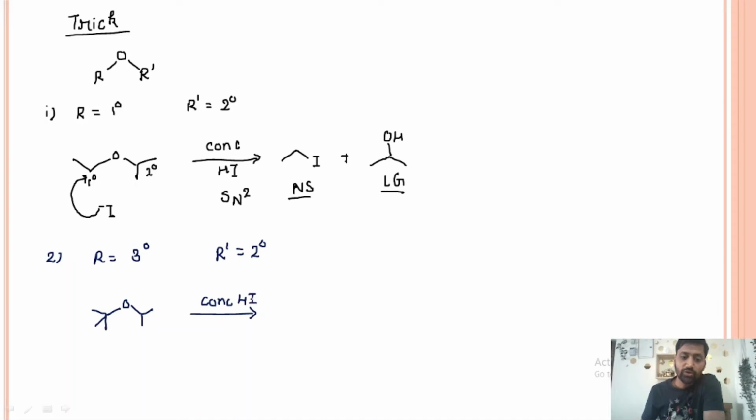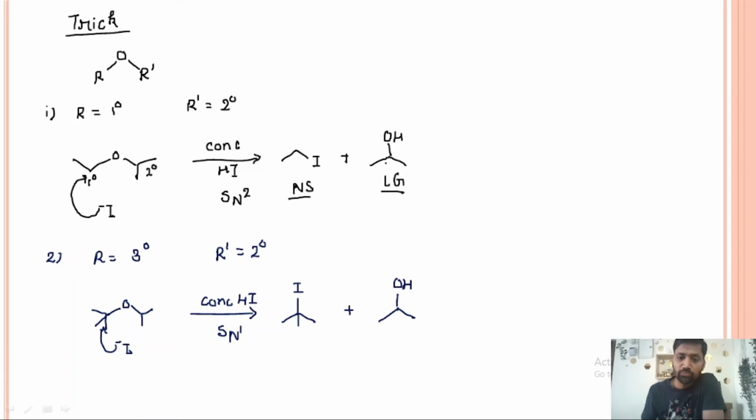Again, we have tertiary and secondary, and tertiary is pretty much reactive for SN1 mechanism, and that is why in this case the reaction will take place by SN1 mechanism, which means the nucleophile will attack on this tertiary carbon, right? So the substitution product will be a tertiary iodide, tertiary butyl iodide, and along with this you will get an alcohol, isopropyl alcohol.